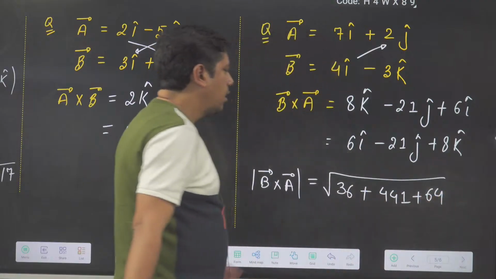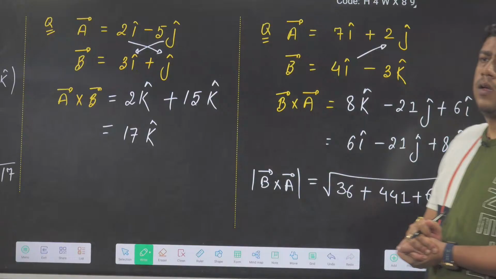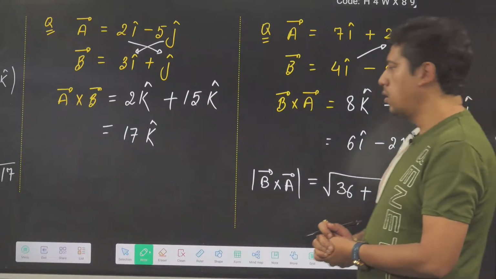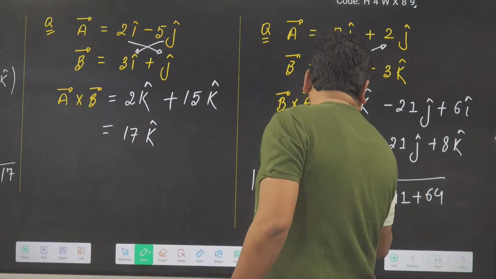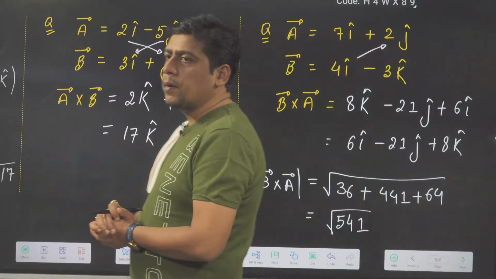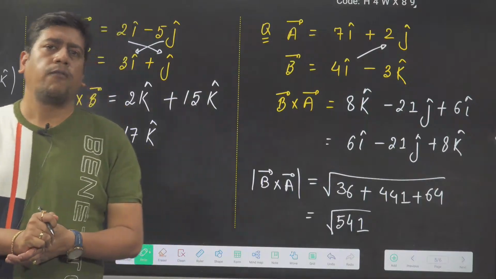We have to check. I think it is under root 541, because 64 plus 36 will be 100, and 100 plus 441 will be 541.